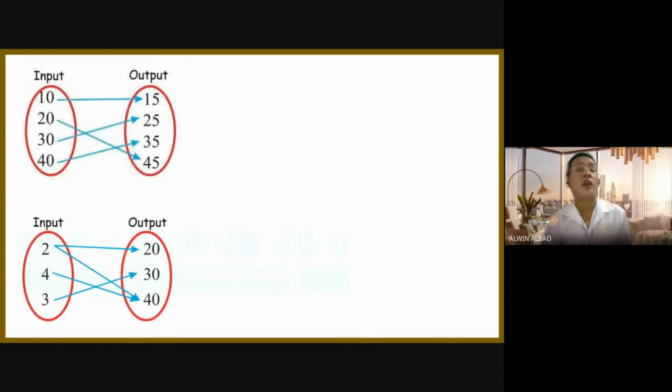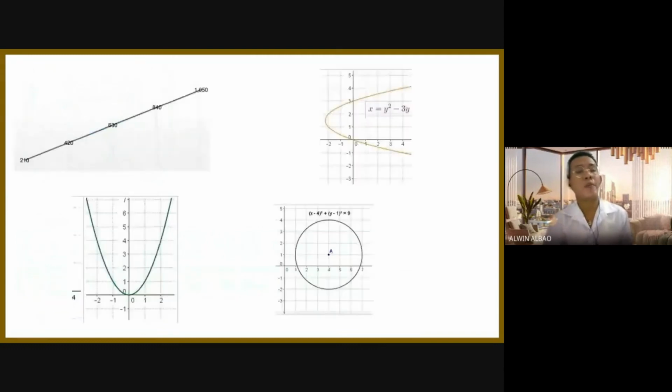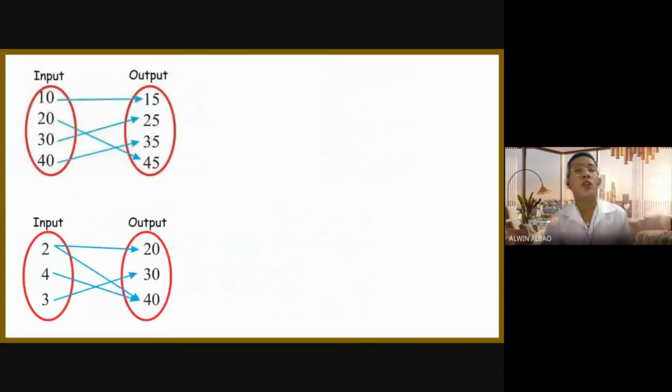Now, let's have a mapping diagram. So we have here the input 10, 20, 30, 40, and then the output 15, 25, 35, 45. So kung mapapansin natin, wala tayong repeated arrows dito or sharing arrows sa input natin. So therefore, ito ay function. Okay. Next, in the second figure, we have 2, 4, and 3 in the input or domain. So kung mapapansin natin, meron tayong repeated arrows dito or sharing arrows.